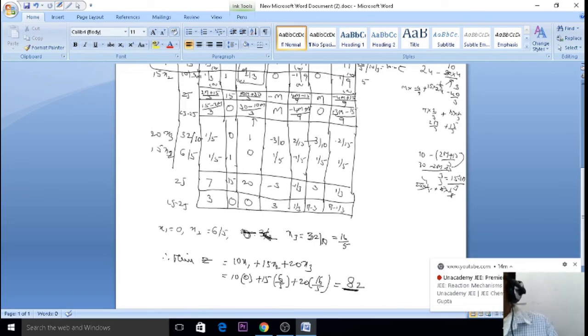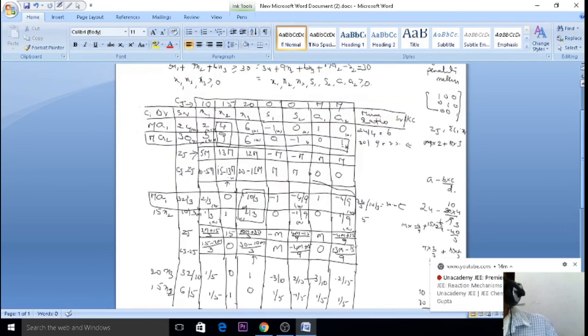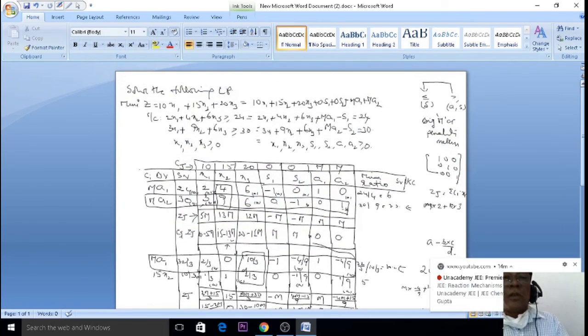Please, I repeat this question again, try to understand the question and the difference between maximization and minimization. The process is the same, only in the maximization case, when the values of Cj minus Zj zeros are negative, immediately stop the problem. In the minimization case, when the values of Cj minus Zj zeros are positive, stop the problem.